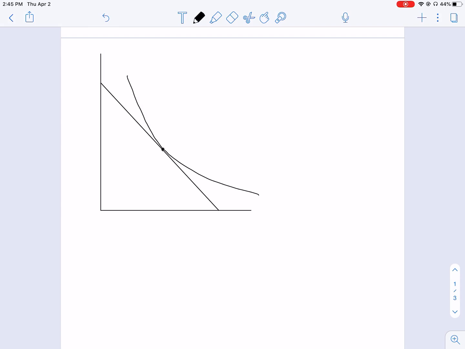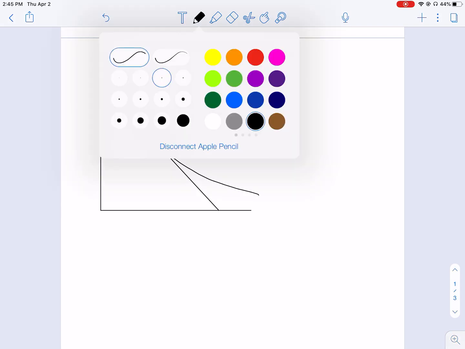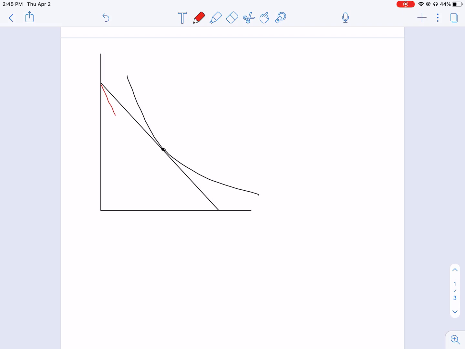So let's say the price has gone up here.